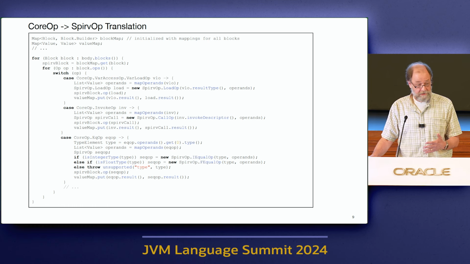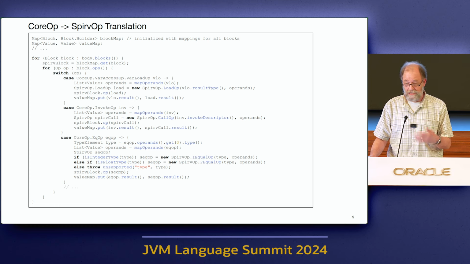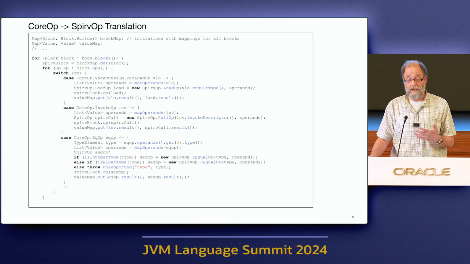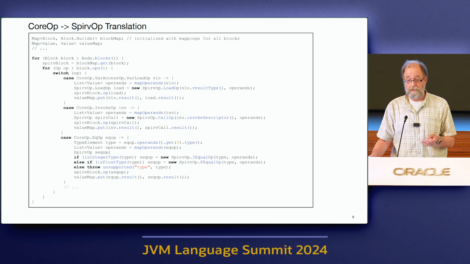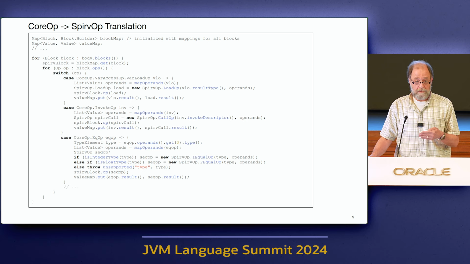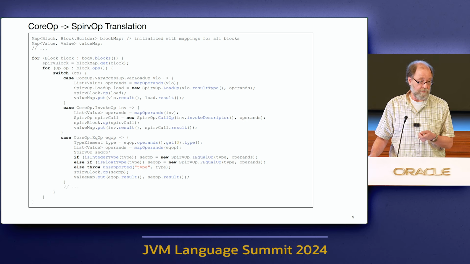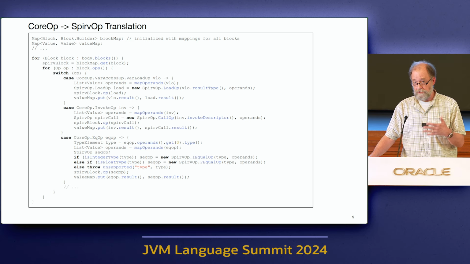Most of the translations I came across are kind of one-to-one. They have these 3 steps. Some ops have state other than what's carried in the operands. It might be block references for branch ops, and those aren't values. Anything that's not a value, you're going to keep track of as fields in your op class.